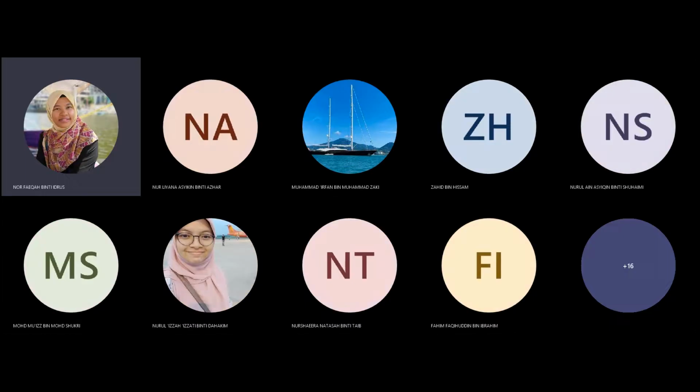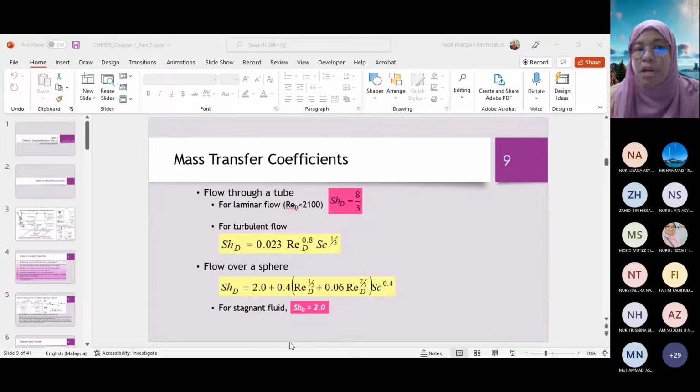Focus on homogeneous reaction. So for now, we will focus on heterogeneous catalytic reaction. All right, so for the course learning outcome in this topic, by the end of this topic, you should be able to explain the steps in catalytic reactions, write the mechanism and chemical kinetics.